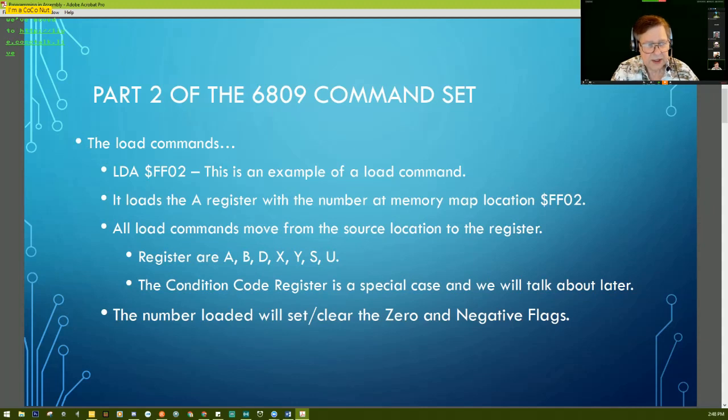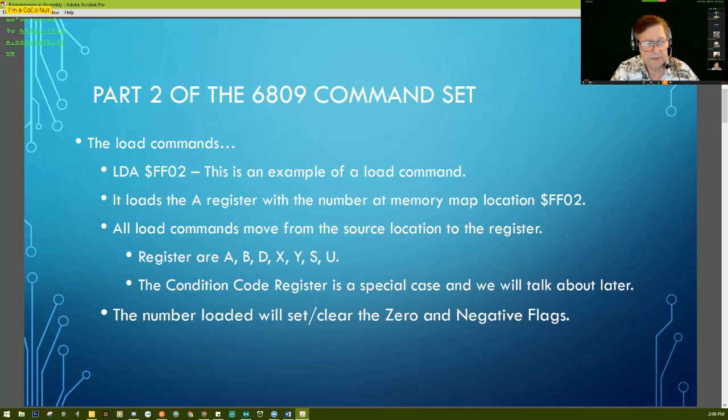Basically, it sets some of the flags. So for example, up at the top, we've got load A with FF02. What that does is load the A register, which is an 8-bit register, with the information that's stored at FF02, which happens to be an I/O port on one of the PIAs. And of course, that's 8 bits.